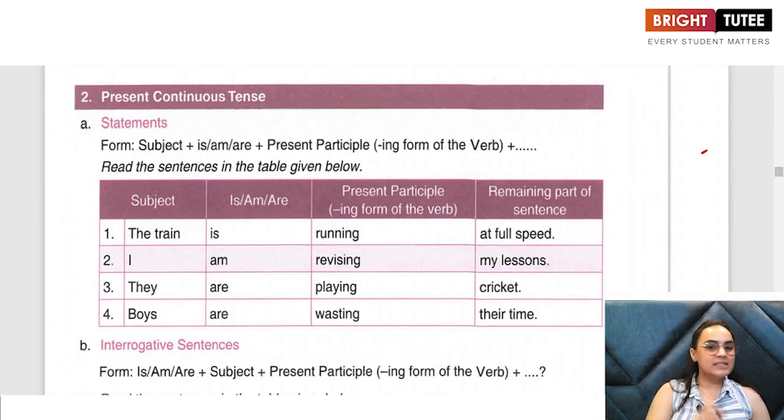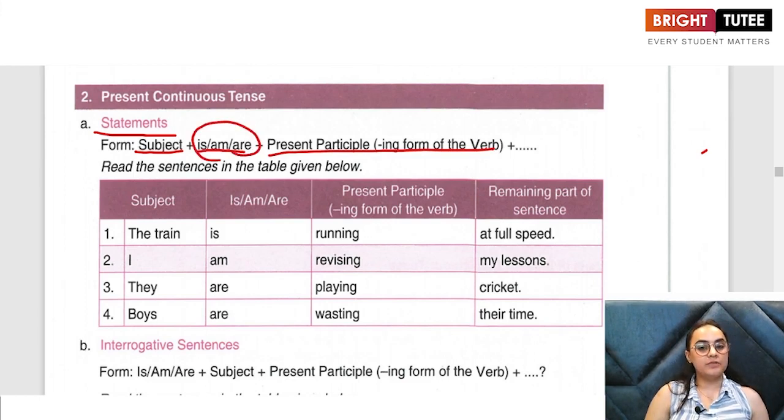So, the present continuous tense, when we talk about a statement, what is the structure of the present continuous tense? The subject plus is, am, are plus the ing form of the verb. Now, the helping verbs that we are going to use in the present continuous tense are is, am, and are.